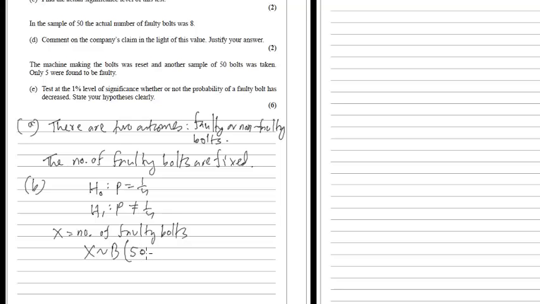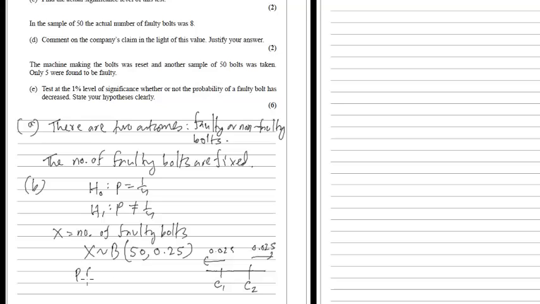So 50, 1/4. 1/4 is 0.25. Okay, so we want to find the critical region. If this is critical region C1 and this is critical region C2, then the lower probability is 0.025 and the upper probability is 0.025. That means the significance level, if you add it up, is 0.05 or 5%.